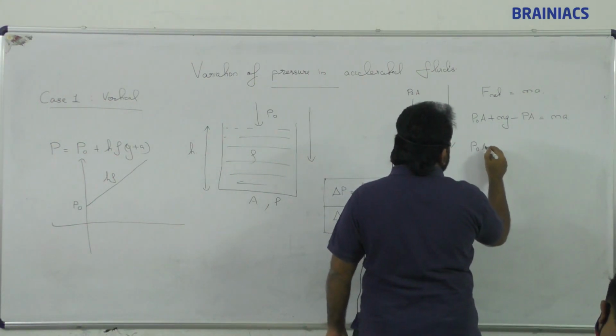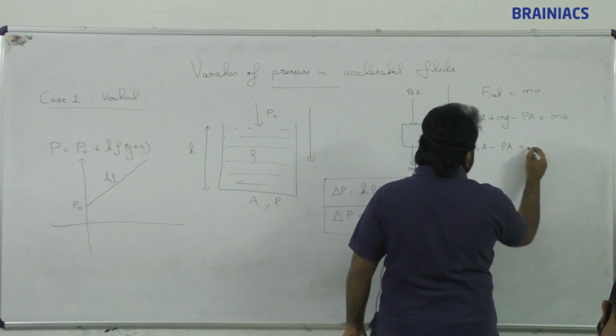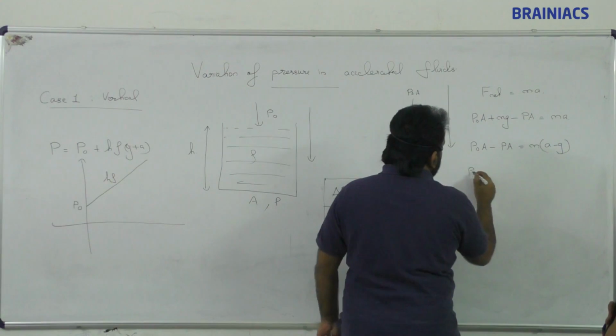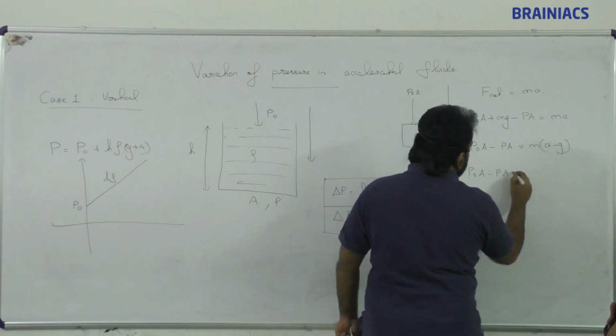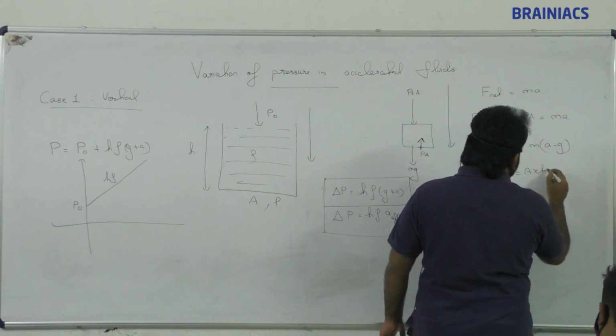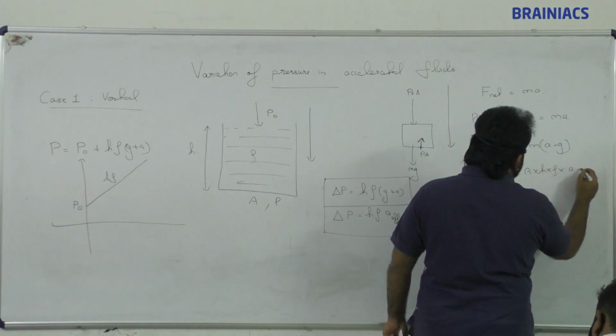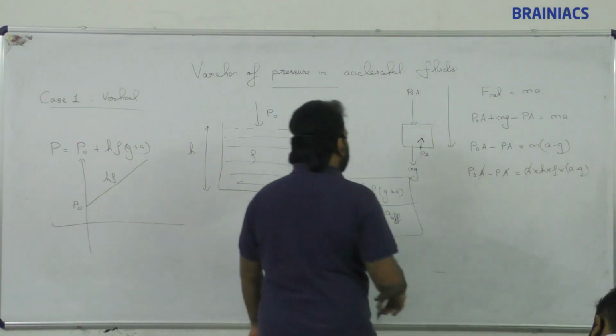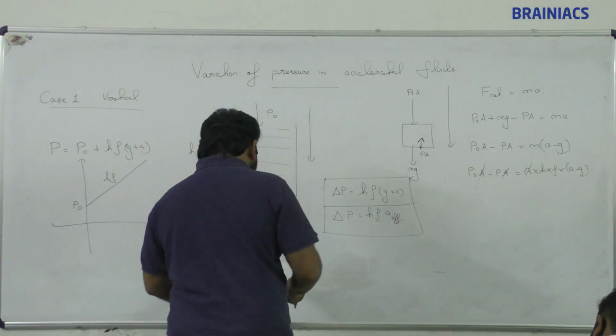So P naught A minus PA is equal to m into (a minus g), which is volume into density, so area into height into density into (a minus g). So area will be cancelled off. So finally what will we get?